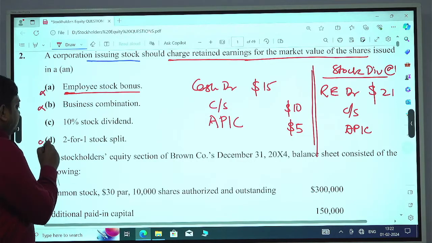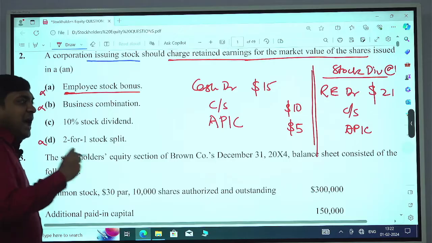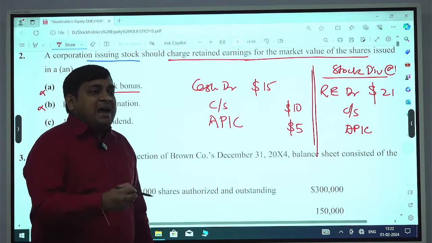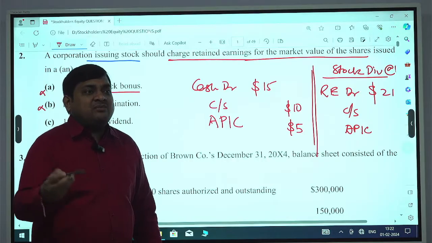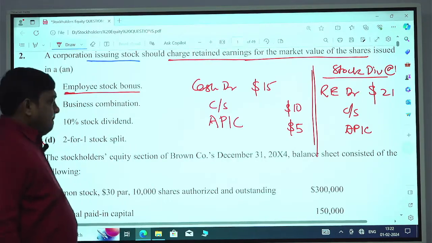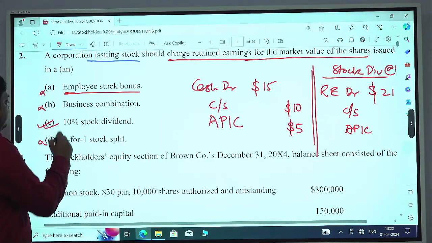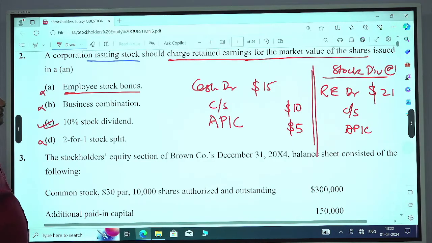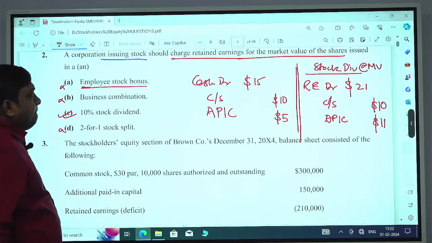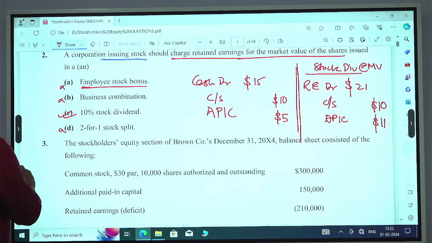Stock split: this is capital getting converted into capital. Higher denomination capital is getting converted into smaller denomination capital. So this has to be the answer. Is it okay? Next, number 3.